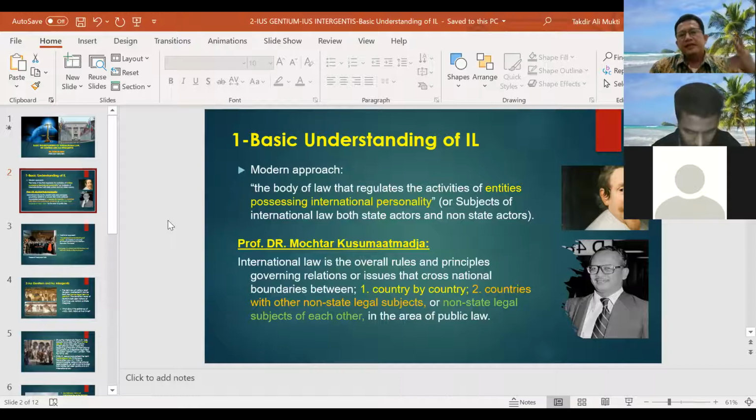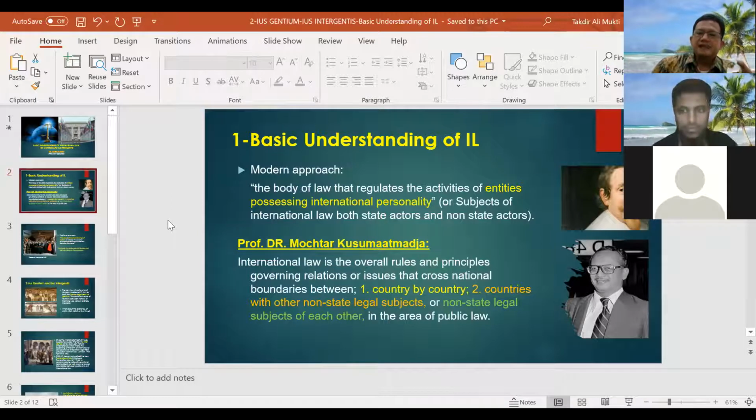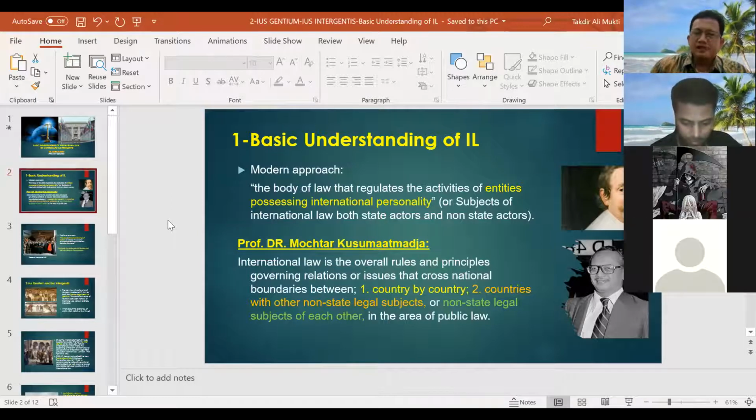So there are three subjects in this category. Firstly, state and state. The second, state and non-state actor or subject. And the third, non-state subjects with each other. What kind of non-state actor we will discuss next.